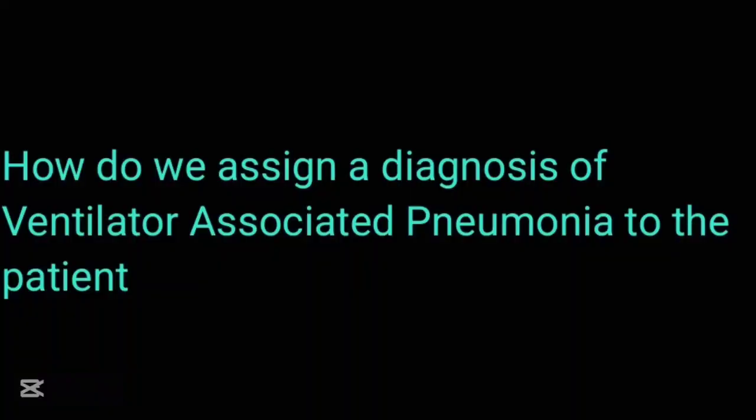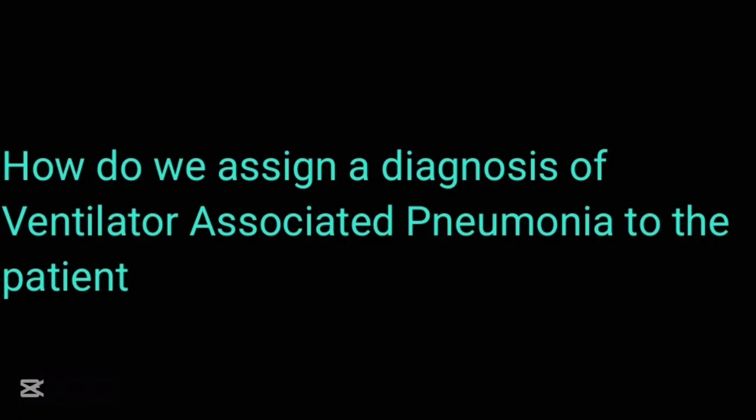When it comes to the diagnosis of the ventilator-associated pneumonia, we employ three parameters. We employ the clinical signs, the radiological evidence, and microbiological analysis. When it comes to the clinical signs, we look out for the signs and symptoms that I laid out earlier.